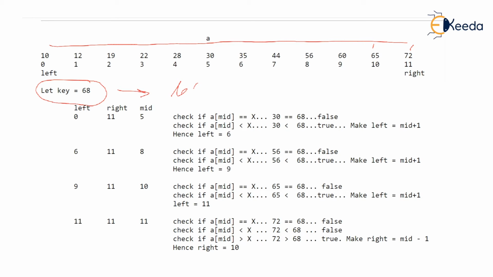Left approaches towards the right side, right approaches towards the left side, and left and right are coming closer. There will be a stage when left will cross over the right, and left will become greater than right. So when left becomes greater than right, we are going to stop and announce that the key is absent.